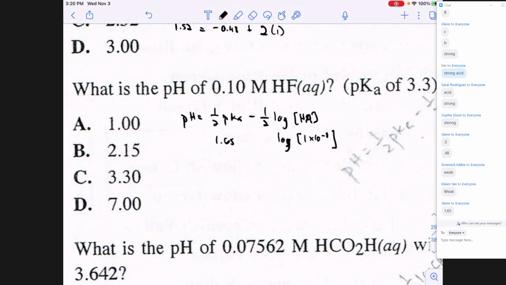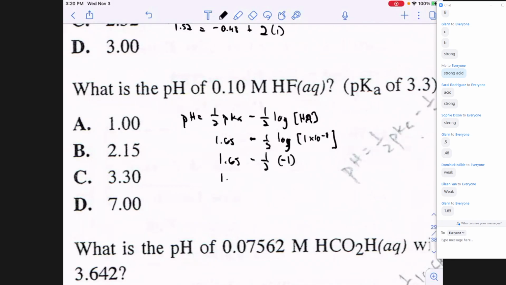So what's log of 10 to the negative 1? That's just negative 1, so this whole thing is going to become negative 1 times 1/2, or minus 1/2.